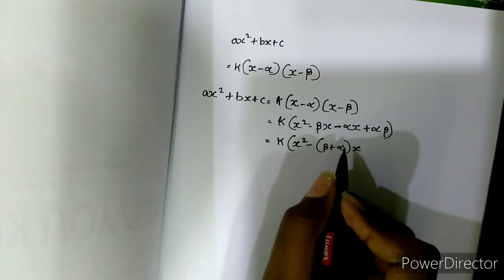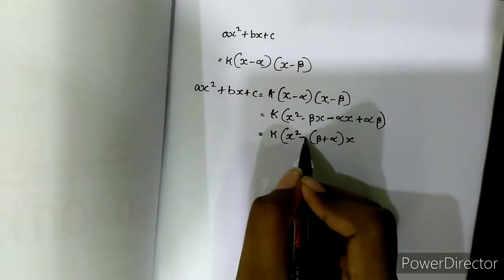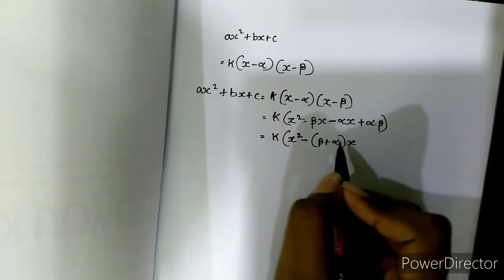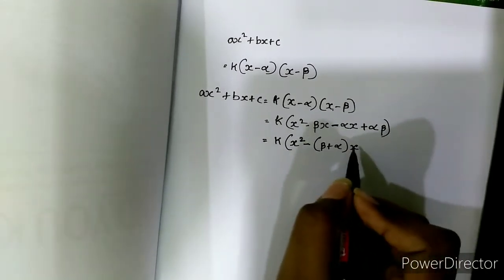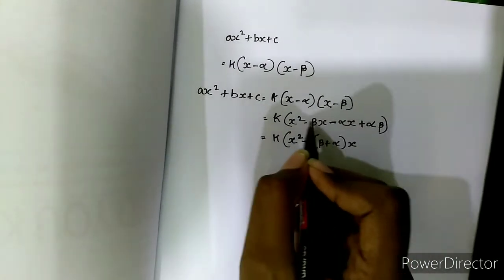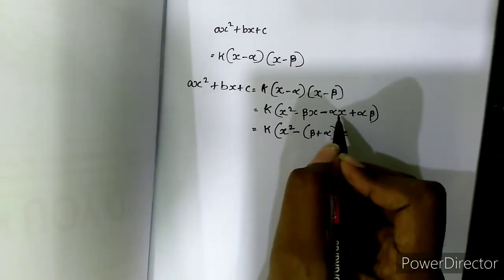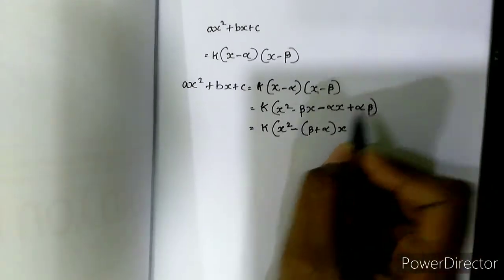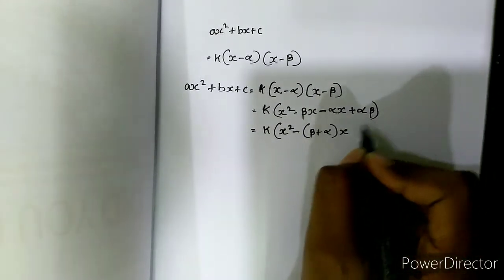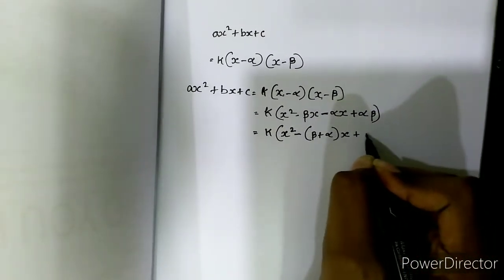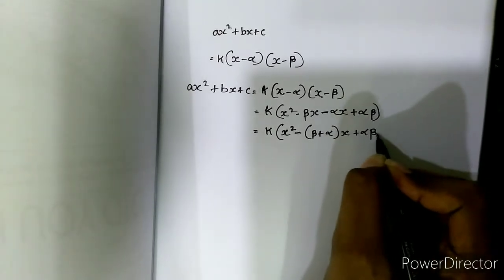Here I did nothing, I just took x common from both and wrote it in this form. If we simplify this, we will get minus beta x minus alpha x. So it will be easy to simplify, plus alpha beta as it is.